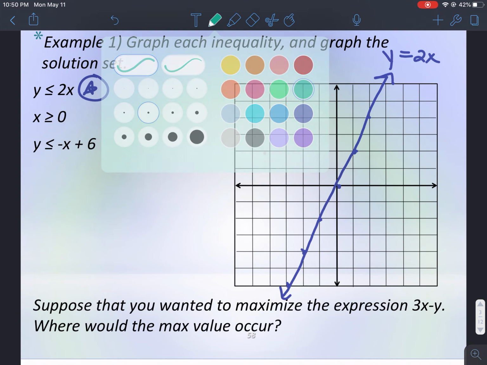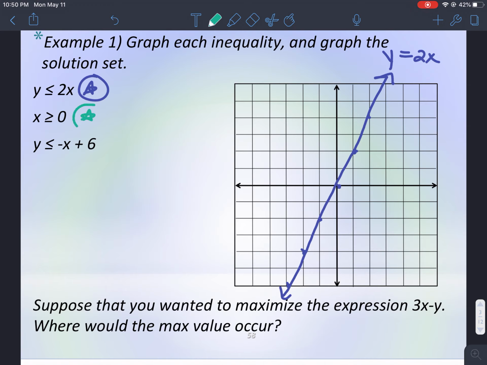And then I'm going to graph x is greater than or equal to 0. So x equals 0, remember x equals 0 is going to be a vertical line. And then y is less than or equal to negative x plus 6. So now I'm going to graph y equals negative x plus 6. So let's start at 6 and go down.